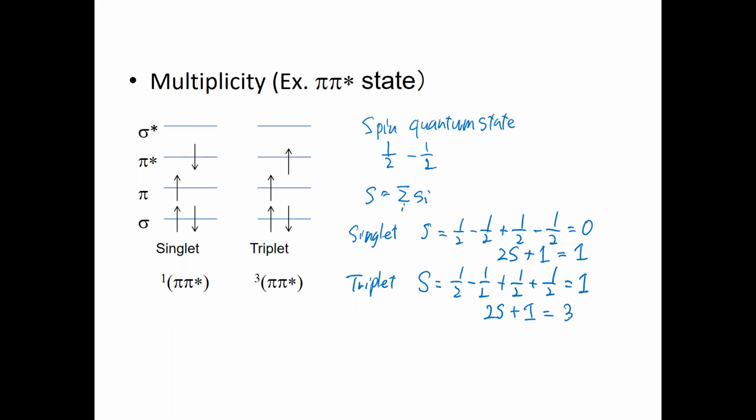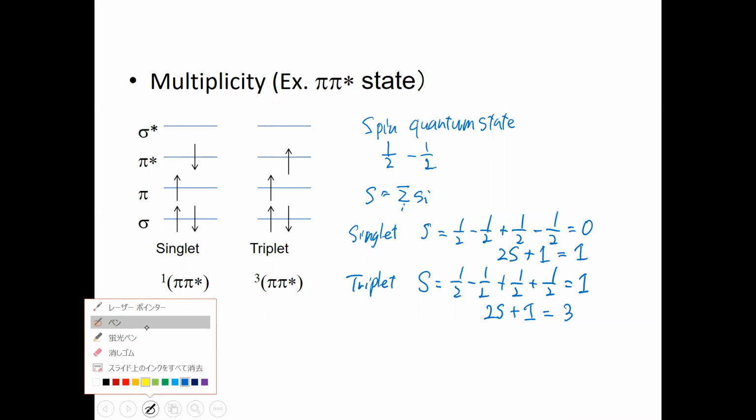This is how many variations of configuration you can have for the total spin number. In the triplet state, you have 3 variations of electron configuration. In the singlet case, you have only 1. That's why it is called singlet or triplet, and they are different electron states.